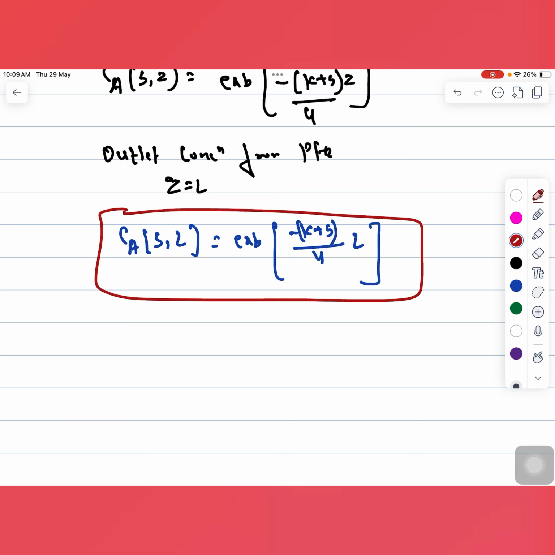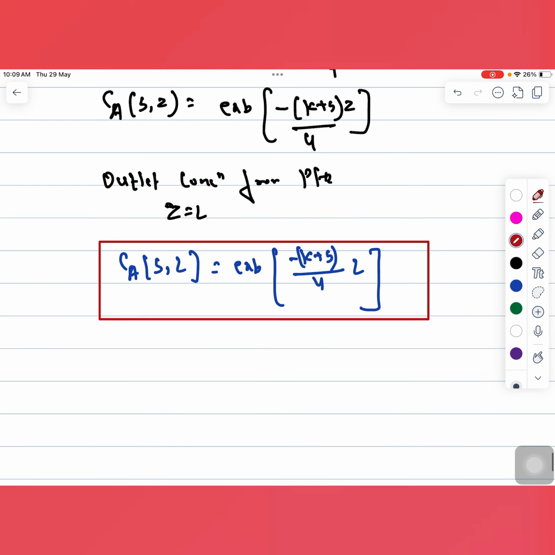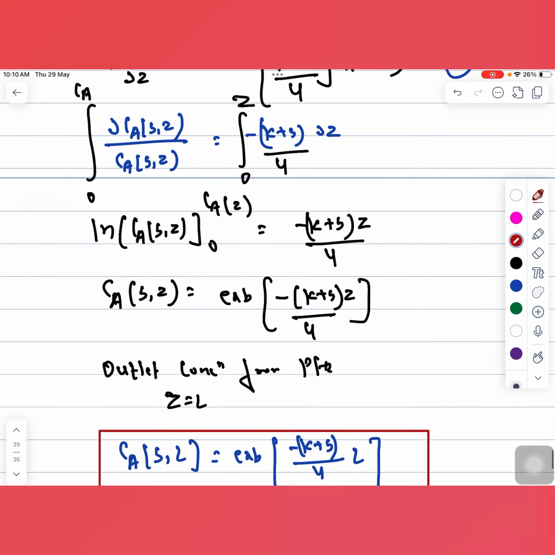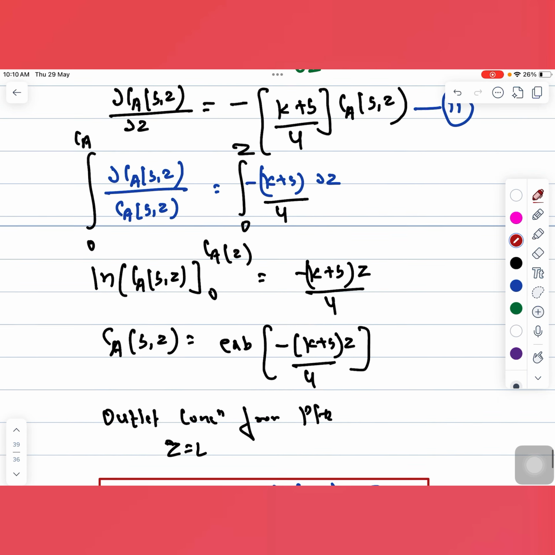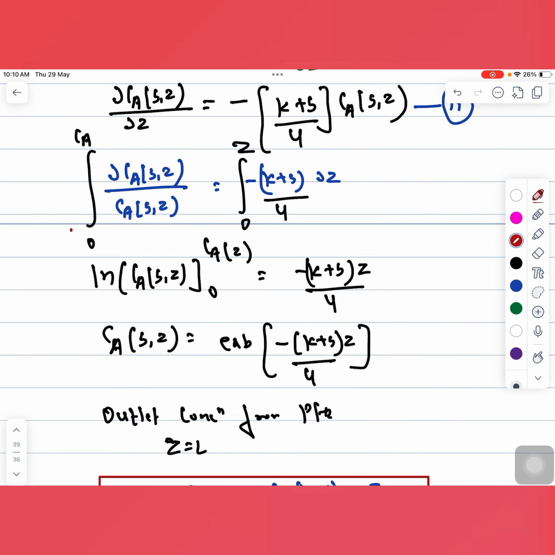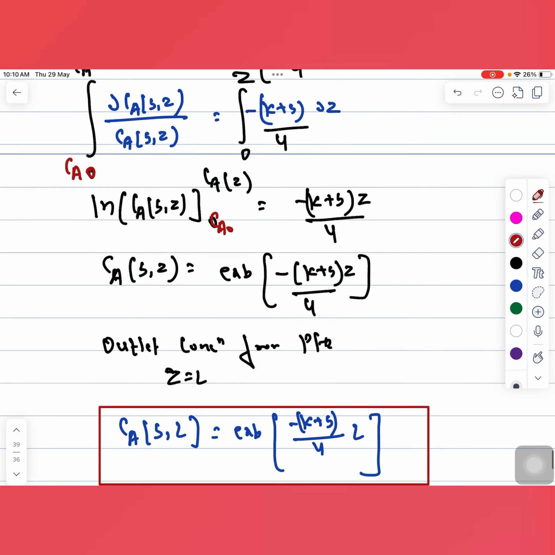But if you want to get the final transfer function here, I think I'll not start with CA, it will be CA naught only, so that would be fine. So ln CA naught, something like that. So this will be your CA naught(S, Z), right?